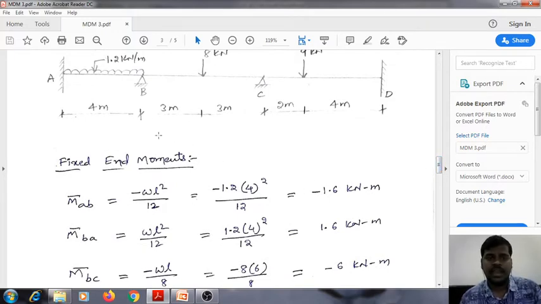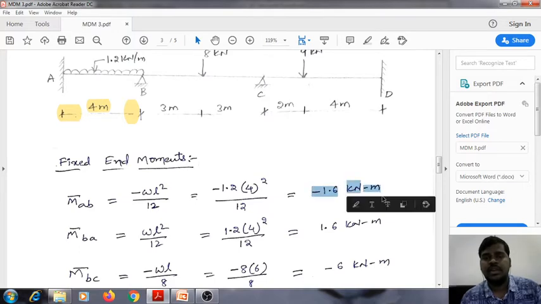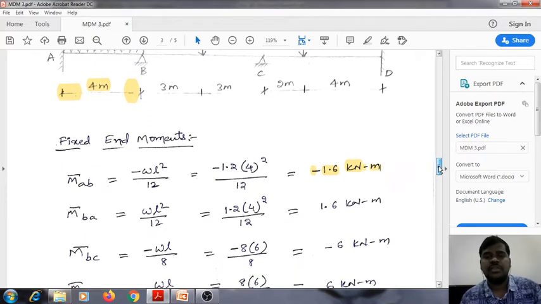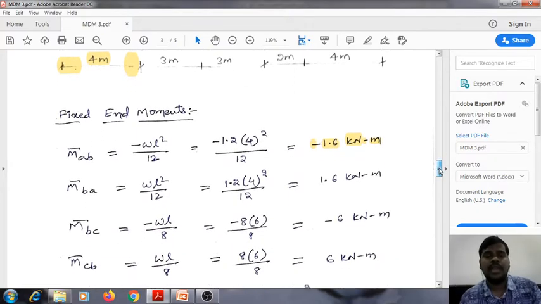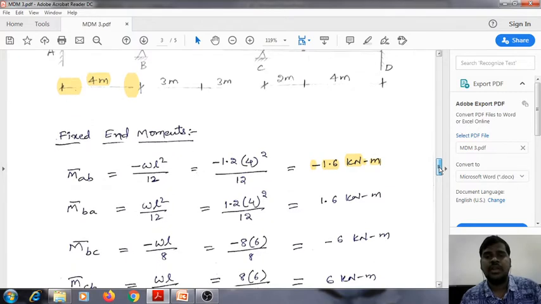So W is 1.2 and L is 4, and we have the answer as 1.6 kilonewton meter. Coming to M bar BA, that is also the same, and M bar BC, as the load is acting centrally, we have minus WL by 8, that is minus 6 kilonewton meter.